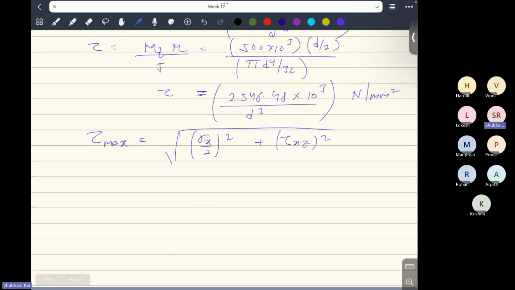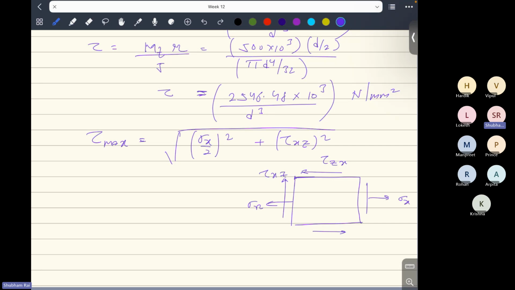So let me draw the element. Here, let's say this is a small element, so sigma x will be in this direction, and tau zx will look like this. This is tau xz, and similarly here also.